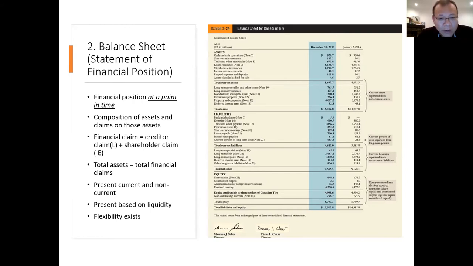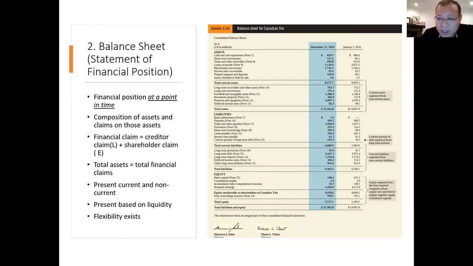However, if the mortgage is paid monthly, then the next 12 months is considered current. Whatever principal amount you are planning to pay on that long-term liability in the next 12 months is considered current.